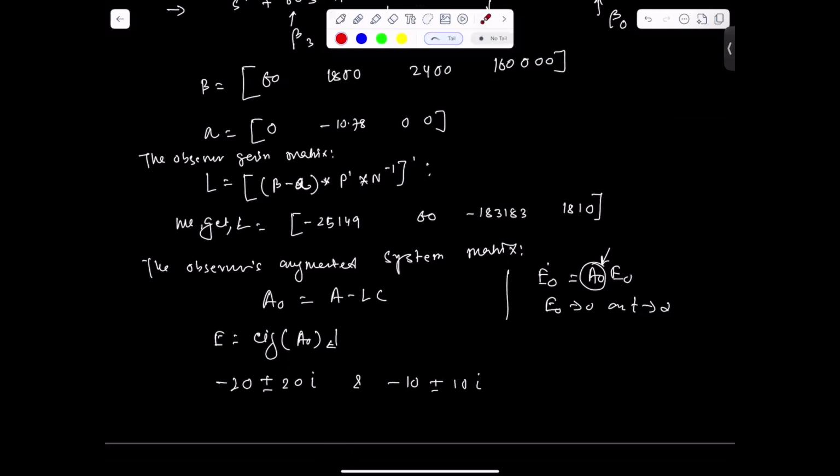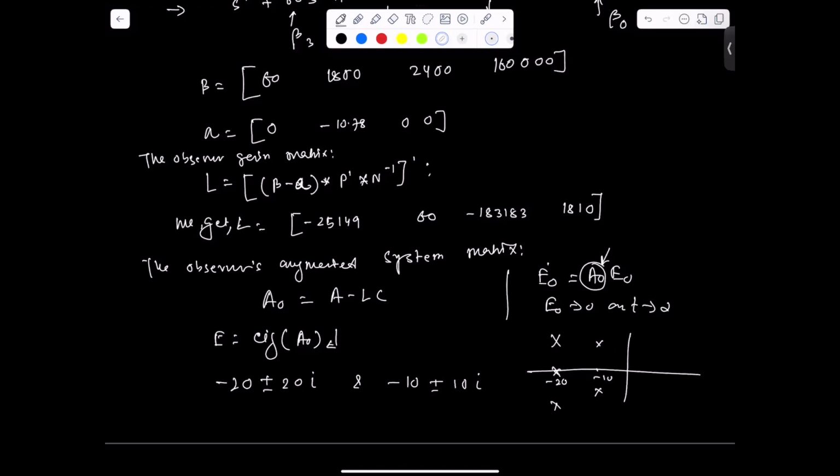If you notice, all of these eigenvalues of the A naught matrix lie in the left-hand plane.